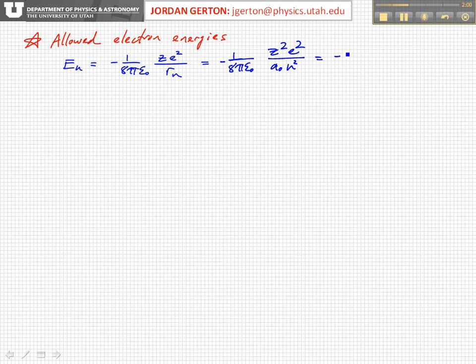We can rewrite this. If we want to actually calculate the numerical value, we can use the fine structure constant. Okay, this again is alpha, equal to 1 over 137, and then times h bar c over 2a naught times Z squared over n squared.